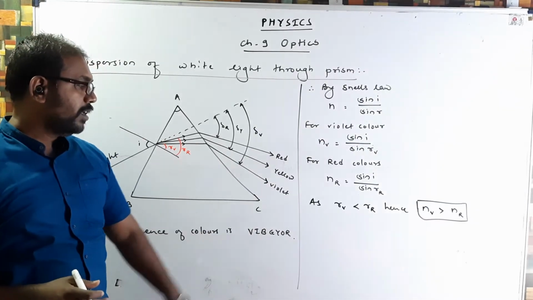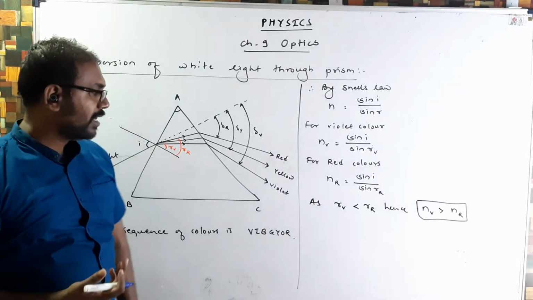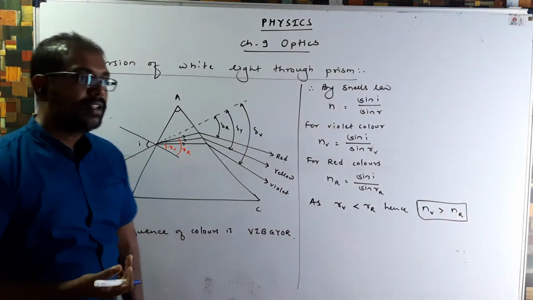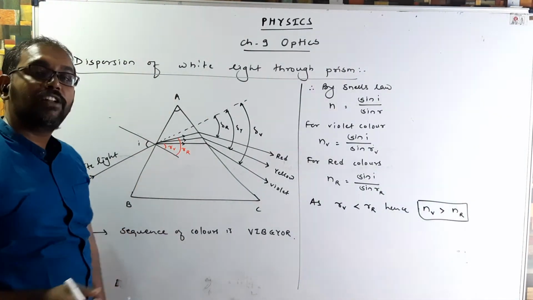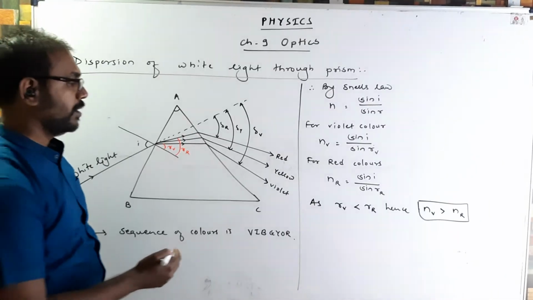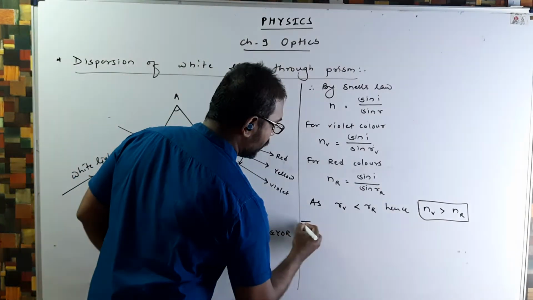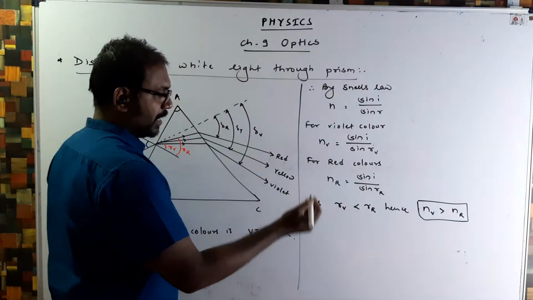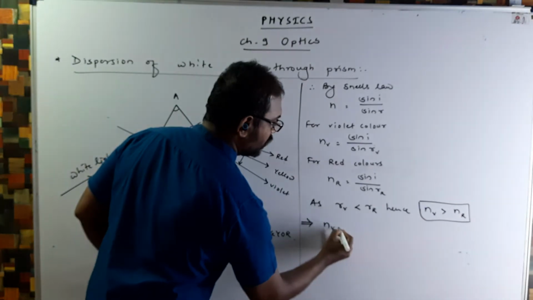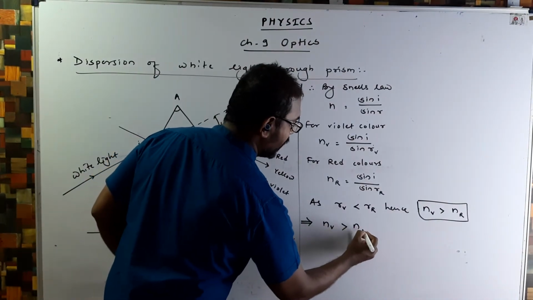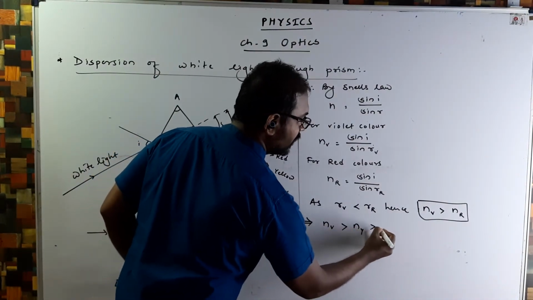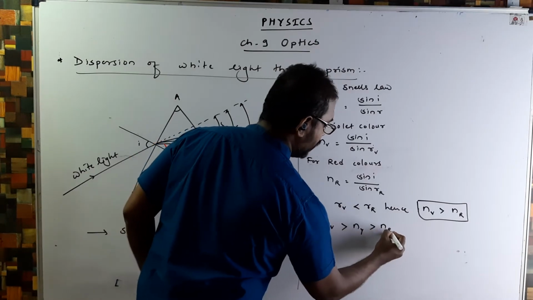Means for yellow color light, red color light, violet color light, the refractive index of material of the prism we get different. The relation we can write between the refractive indices: refractive index of violet is greater than the refractive index of yellow, greater than the refractive index of red.